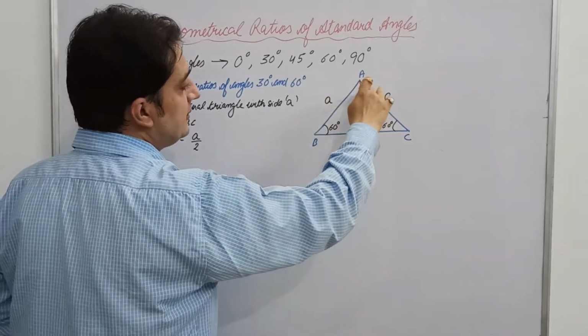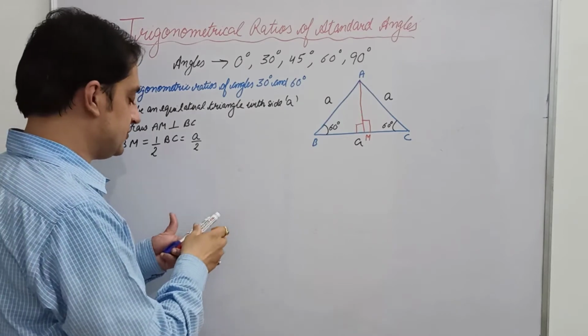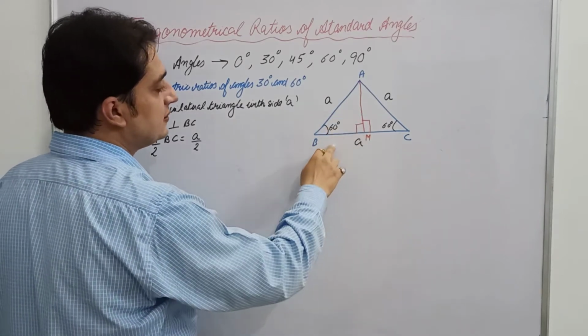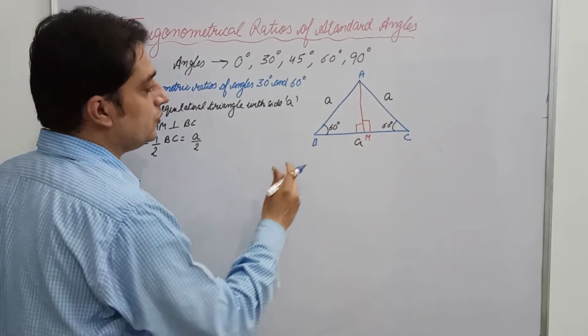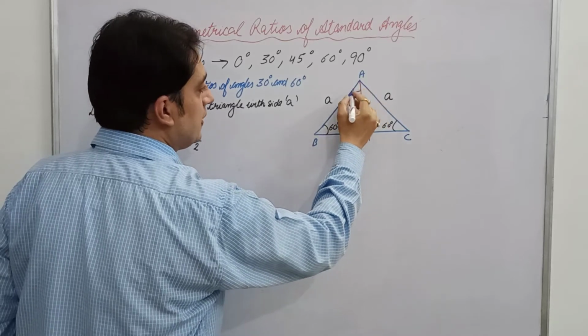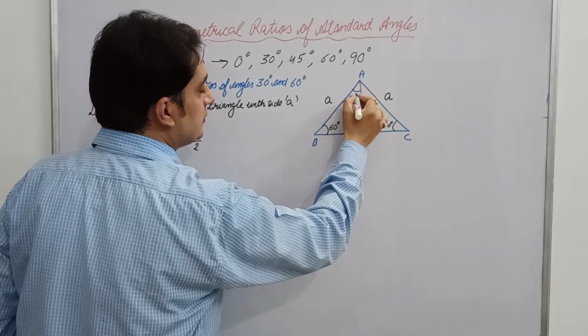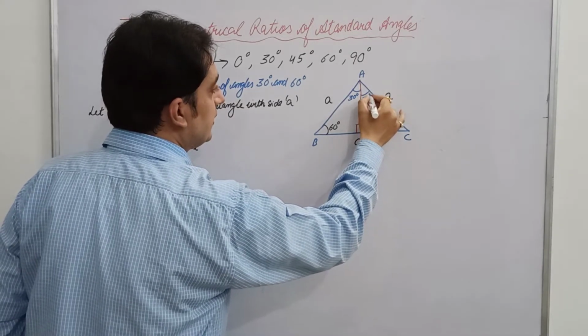These two angles, BAM and MAC, are equal by CPCT, or you can find these angles with the help of the angle sum property. You know this angle is 90 degree, this angle is 60 degree, so the rest of the two angles are 30 degree each.